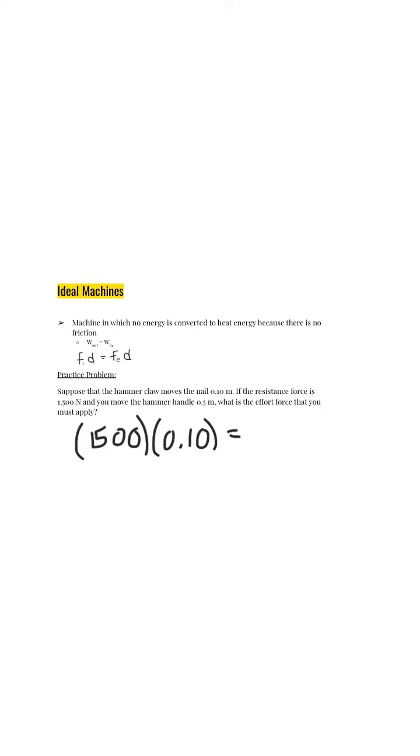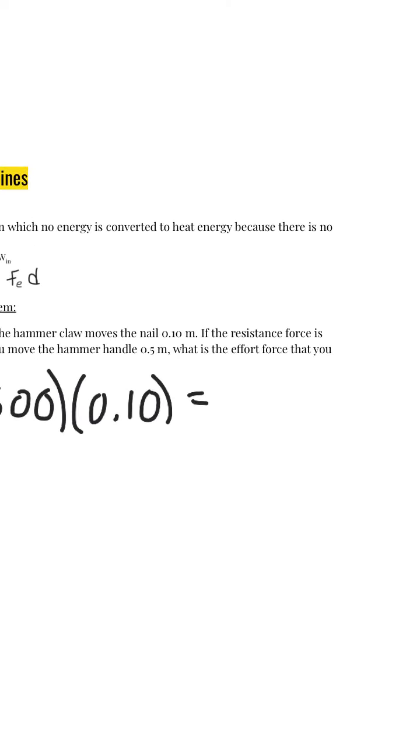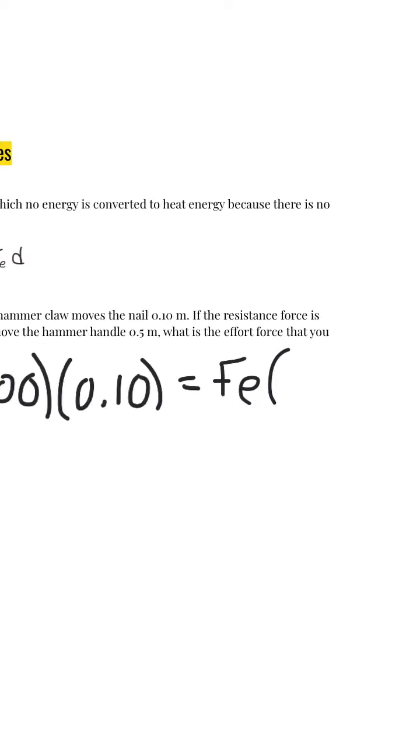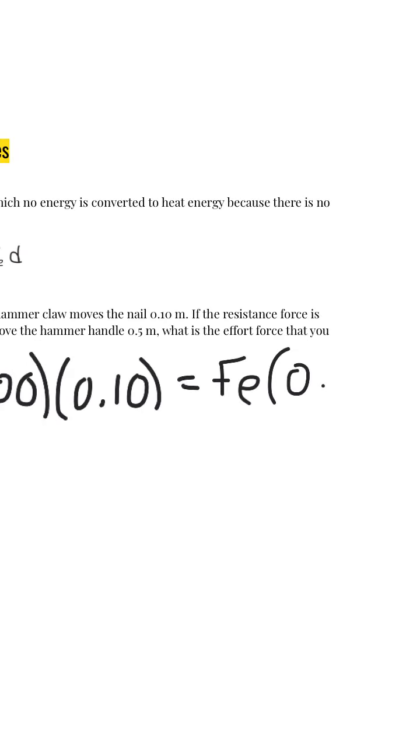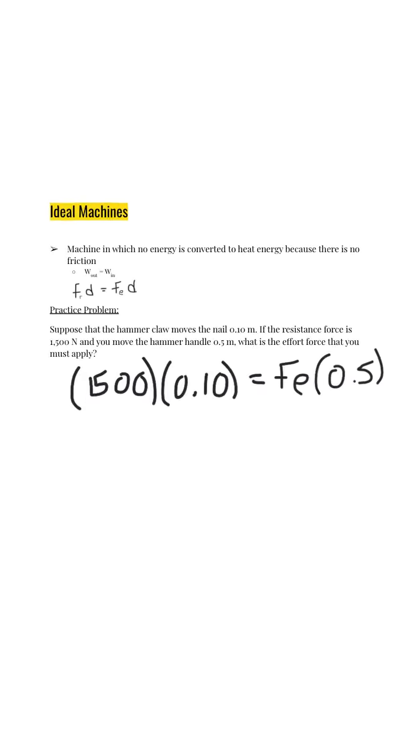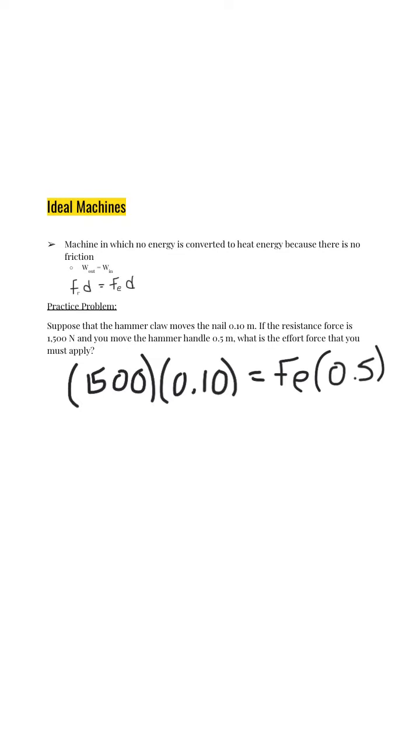And then we're looking for the effort force, and the distance that you are moving the hammer handle is 0.5 meters. If we're trying to solve this equation, I would first multiply that left-hand side, so 1,500 times 0.1. So we've got 150.